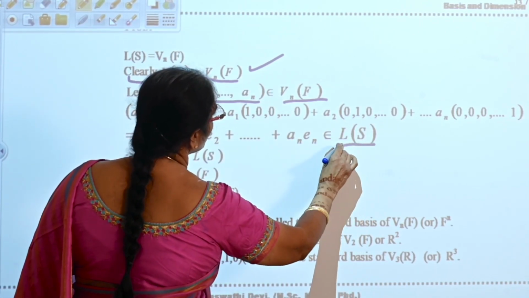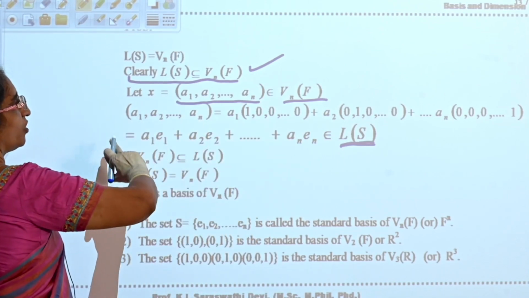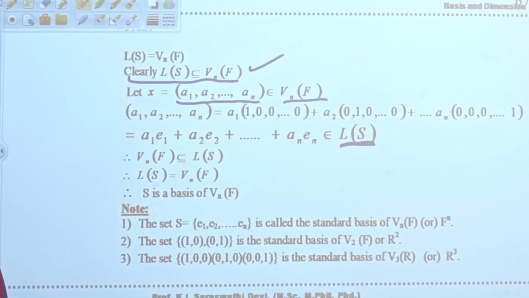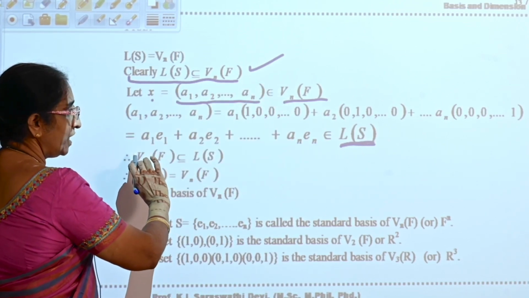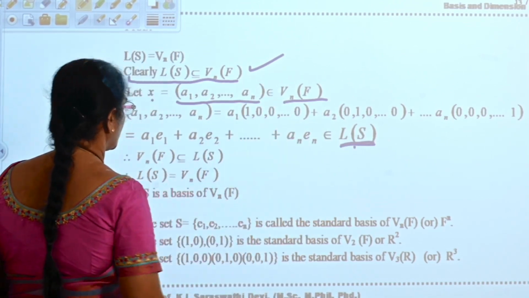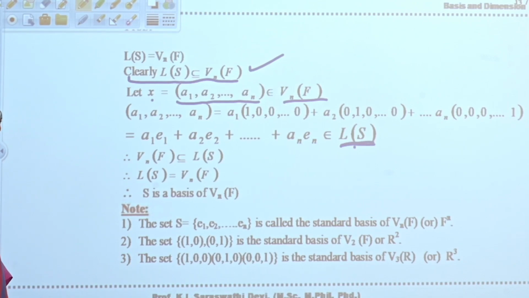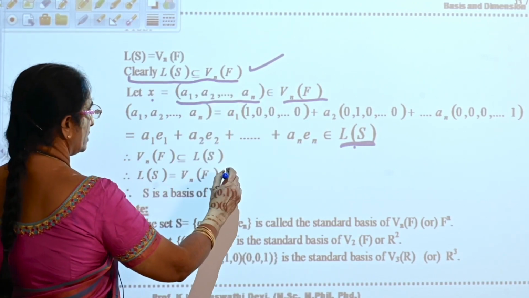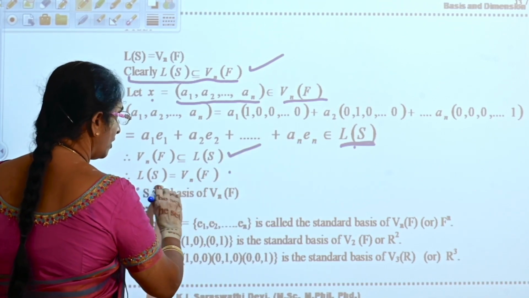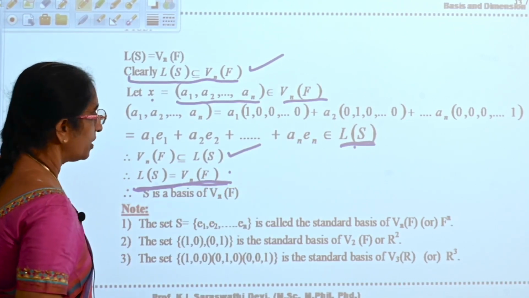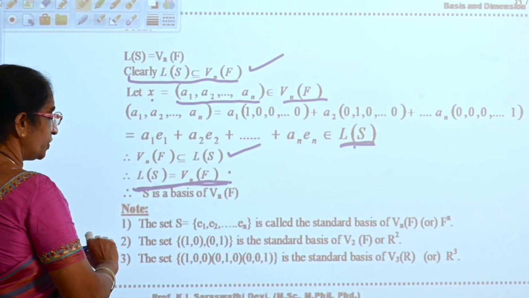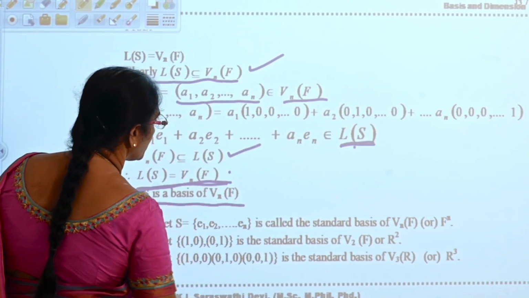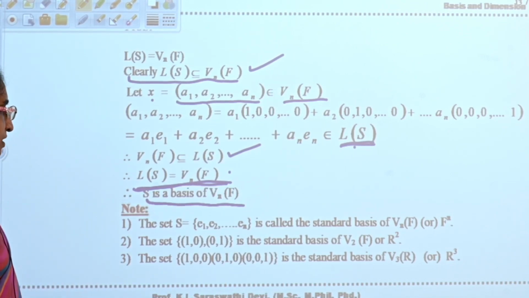This belongs to L of S, being a linear combination of the elements of S. Where you have taken x in Vn of f, you are able to show that x is in L of S. Therefore Vn of f is a subset of L of S. Now from this and this you can say that L of S is equal to Vn of f. Now S is linearly independent and L of S is equal to Vn of f. Therefore S is a basis of Vn of f.